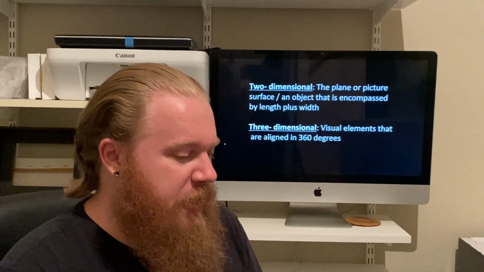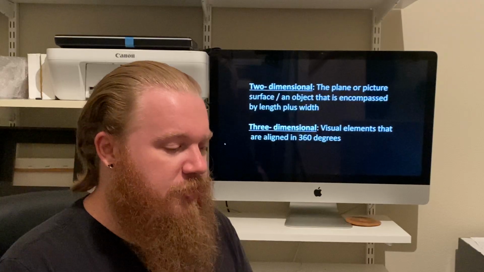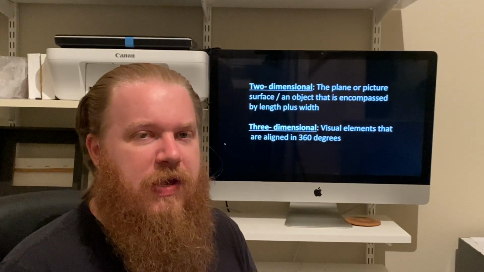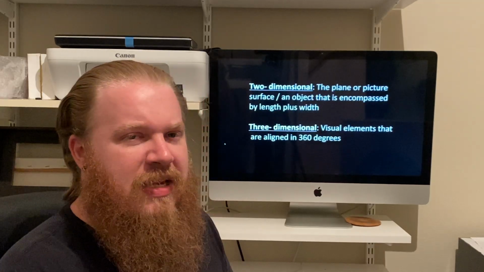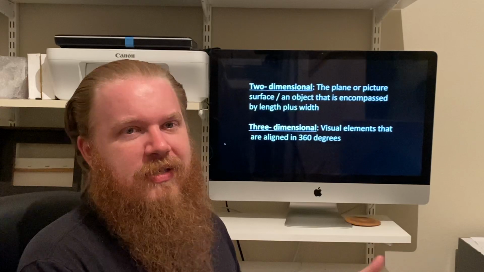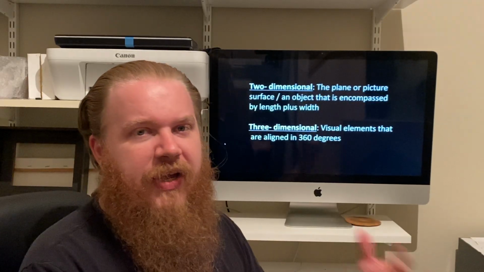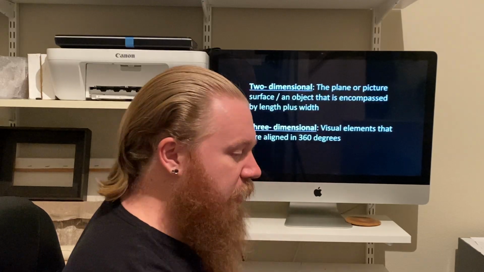Whereas three-dimensional objects or artworks are when the visual elements are aligned within 360 degrees. So once again, basically speaking, it would be the difference between a drawing or a painting on a flat surface versus, say, a sculpture or an architectural building, etc.